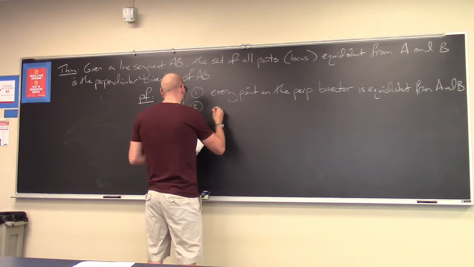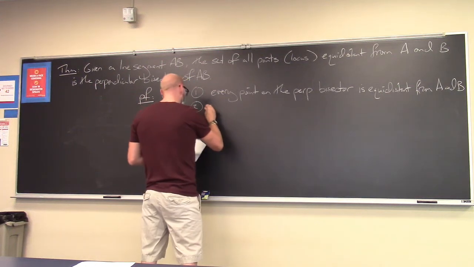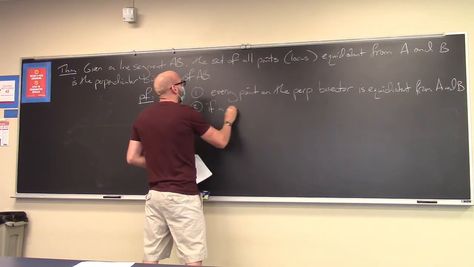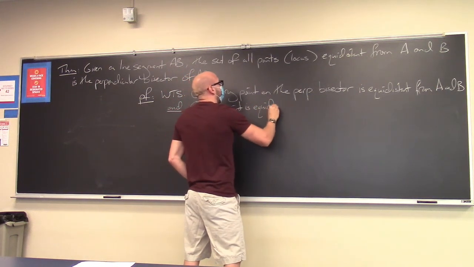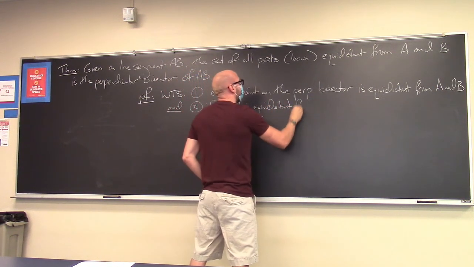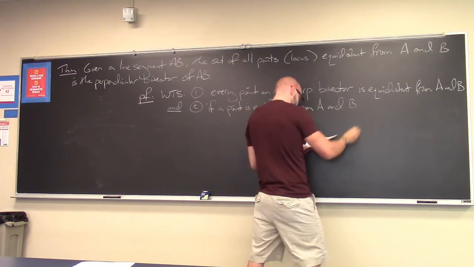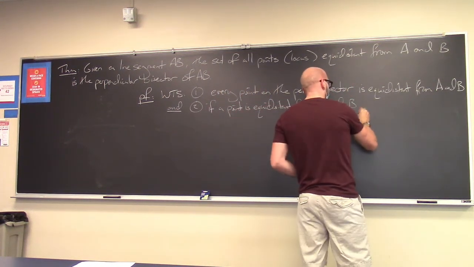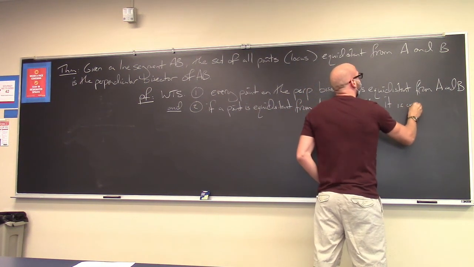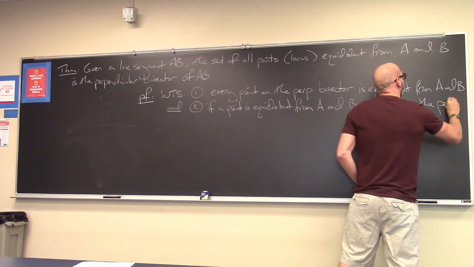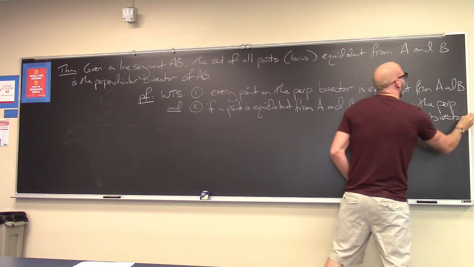And two, if a point is equidistant from A and B, then it is on the perpendicular bisector.